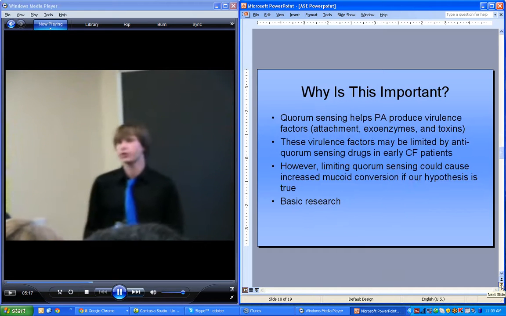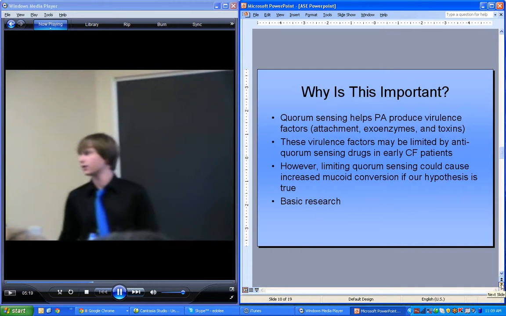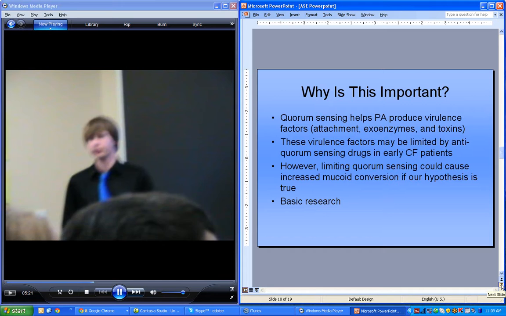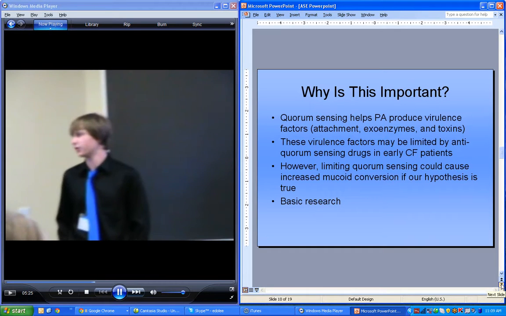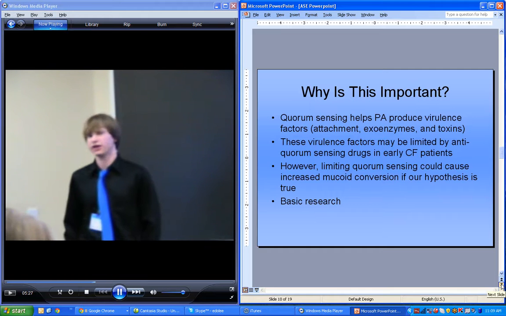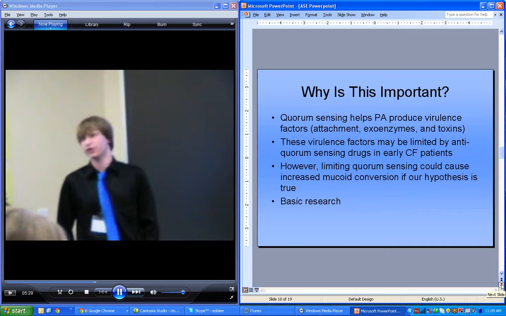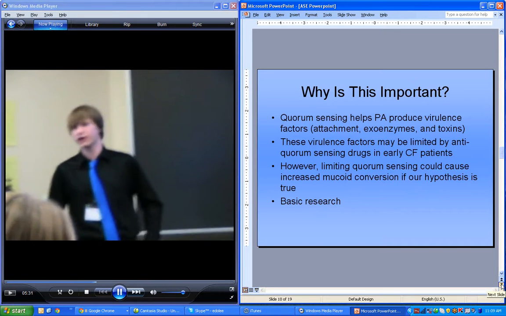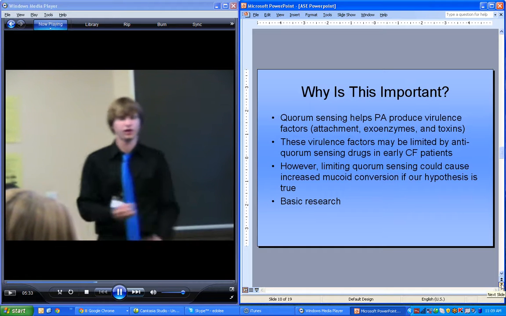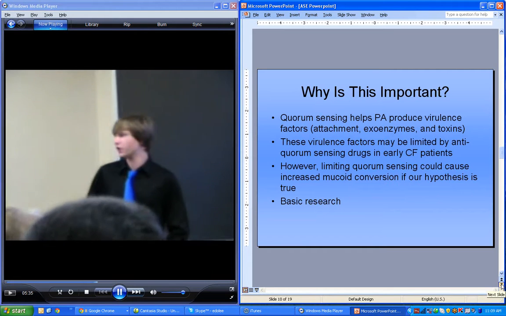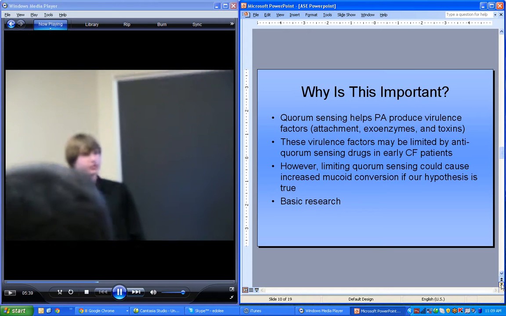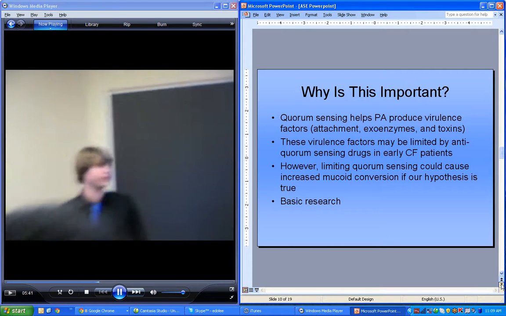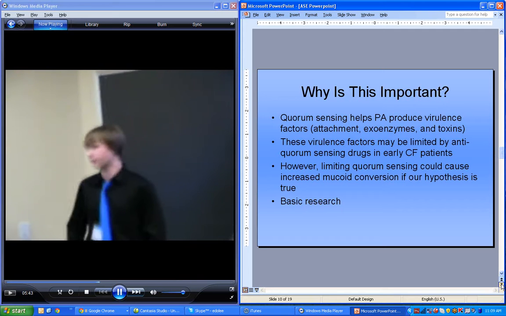This is important because quorum sensing helps Pseudomonas aeruginosa produce its virulence factors, which help it establish the infection and release toxins to kill the patient. These include attachments, releasing exoenzymes and toxins. These virulence factors can be turned off by quorum sensing drugs in development, mostly for early cystic fibrosis patients, because once they establish an infection, as I said, they're very difficult to affect.